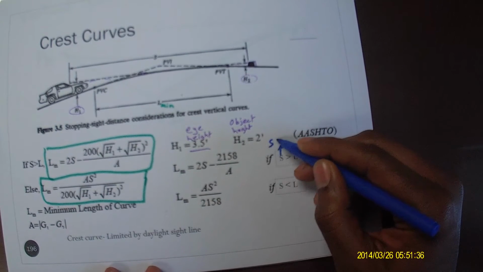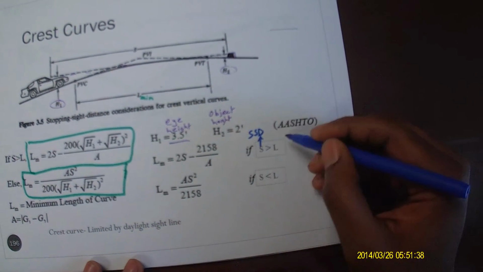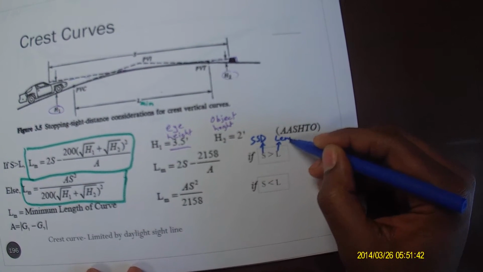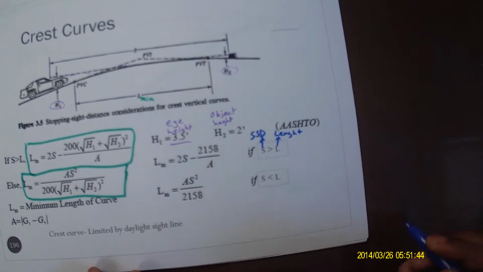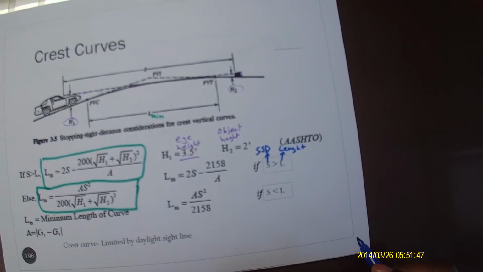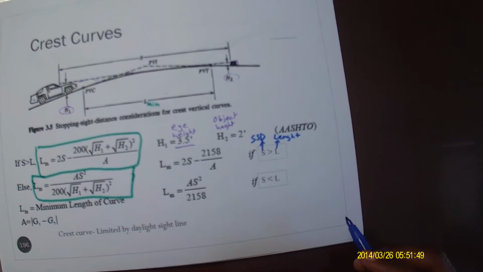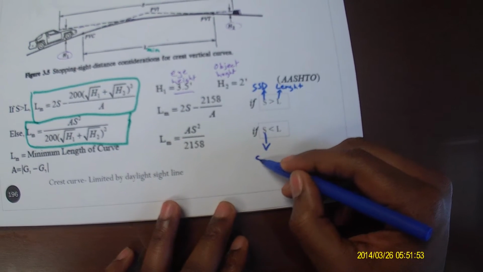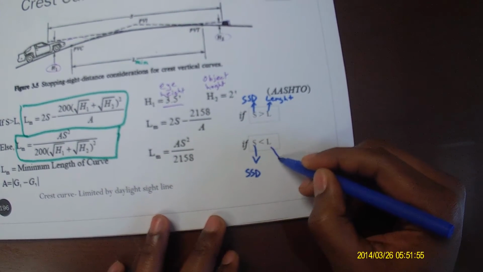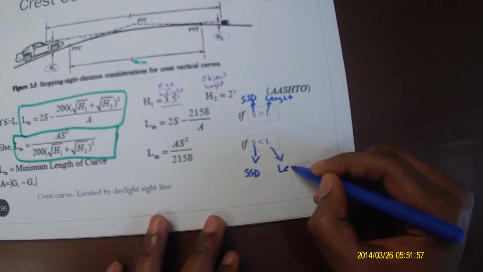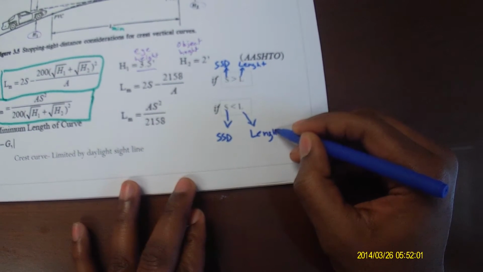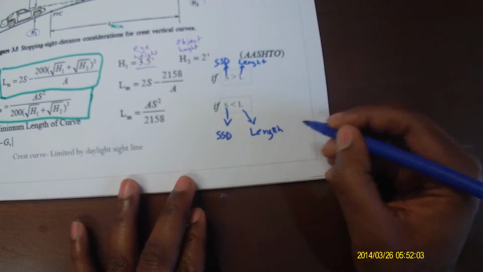This S is basically the stopping sight distance, and this L is in reference to the length of the roadway. All right, same thing with this one down here. You have your stopping sight distance and the length of the roadway. Oops, I got it backwards.